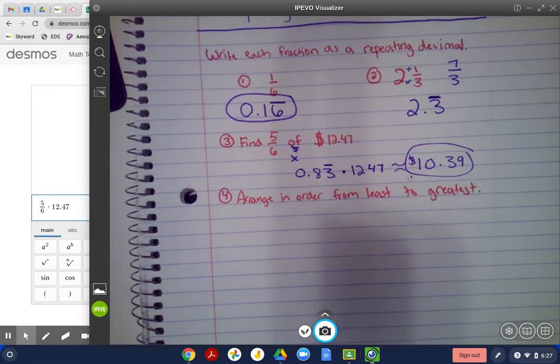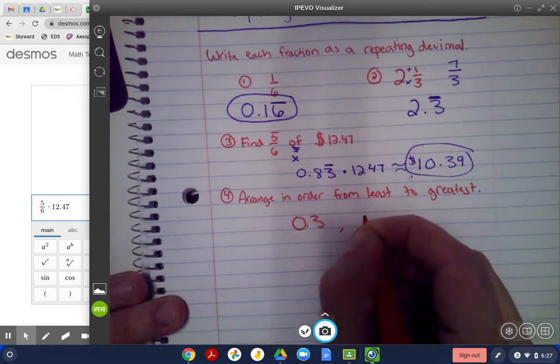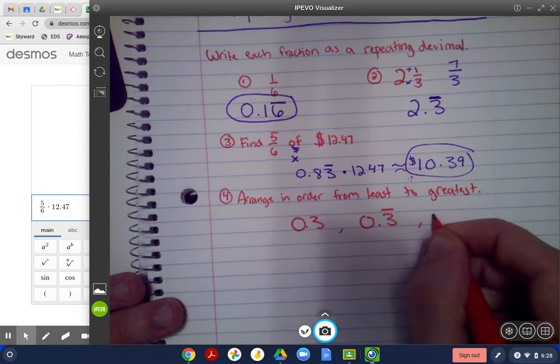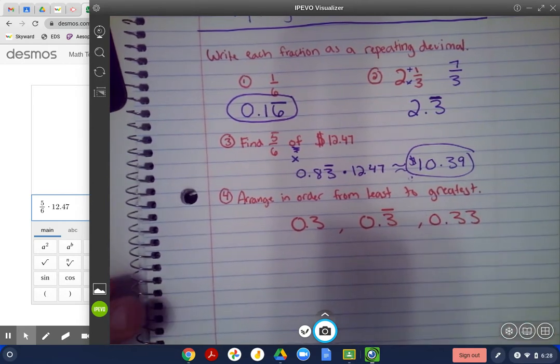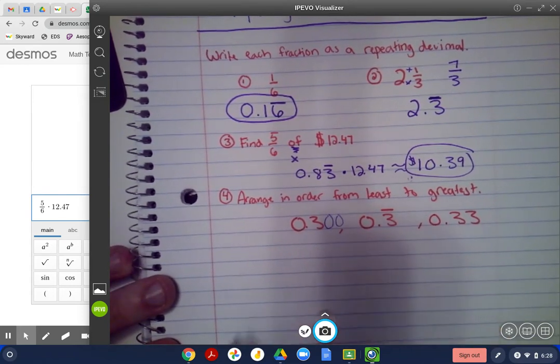Arrange in order from least to greatest. It looks like I didn't actually write down the numbers here. So one second, let me scroll up to them. Here we are. 0.3, 0.3 with the repetend, and 0.33. Well, with that, anything at the end here, these are going to be zeros at the end, so that would be like 0.30.